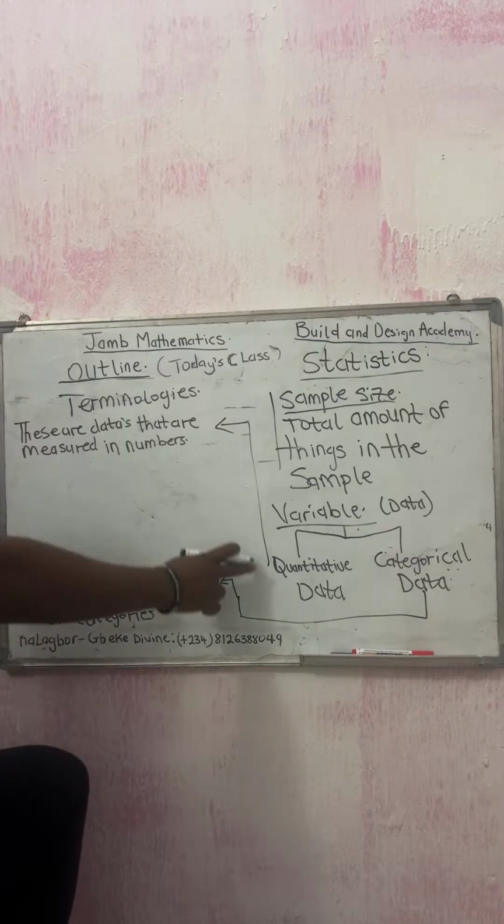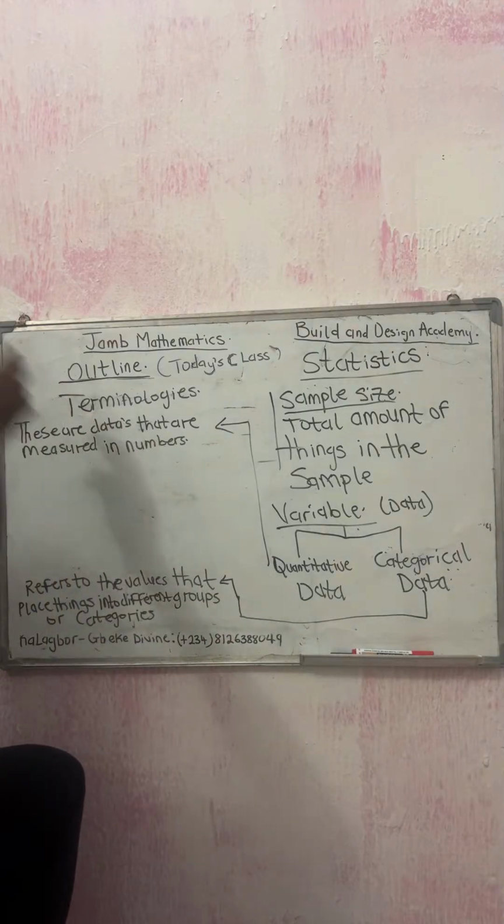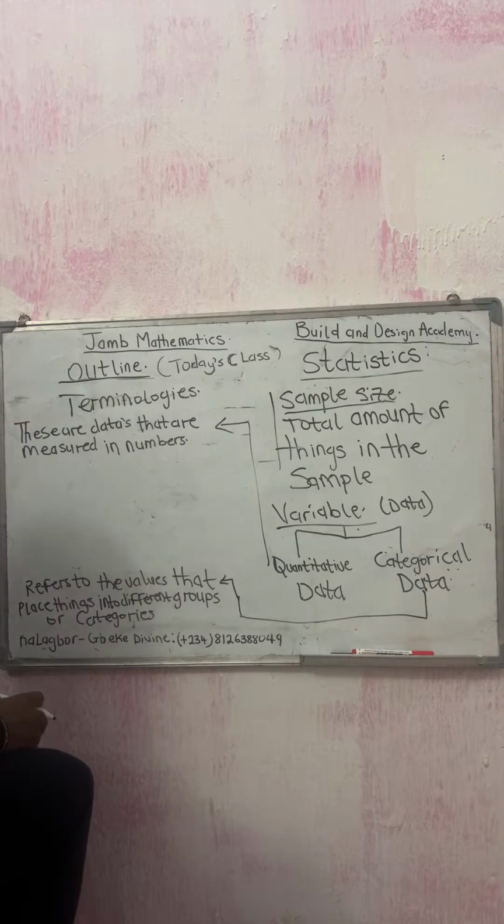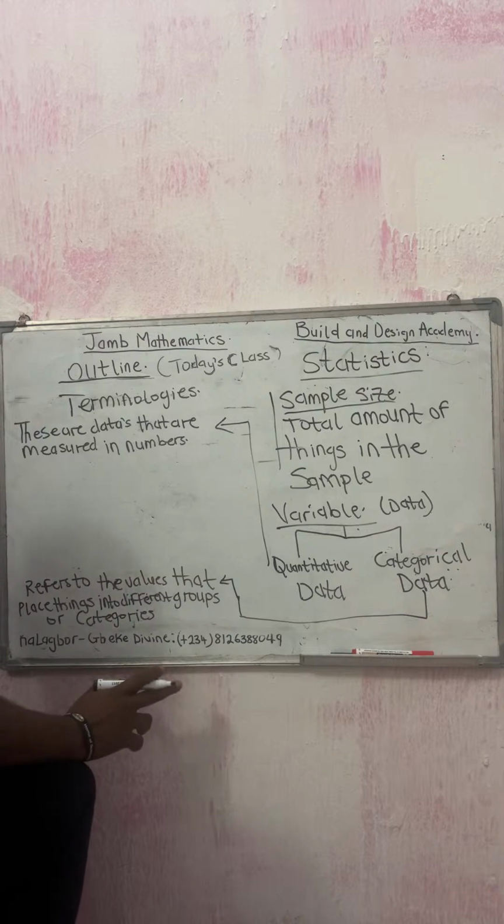So for quantitative data, these are data that are measured in numbers, while categorical data are data that refer to values that are placed into different groups or categories.